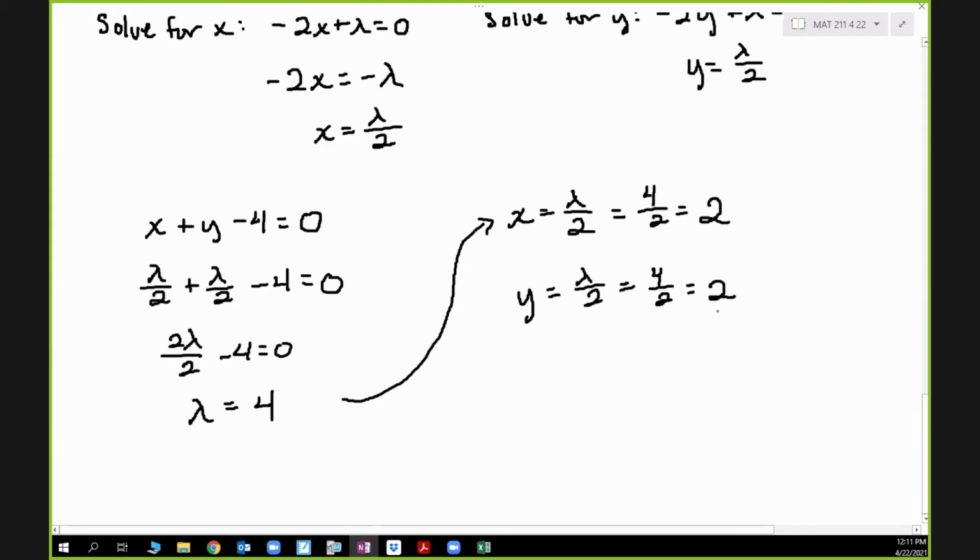And so y is also 2. So when we solve the system, we end up with x equals 2, y equals 2, and lambda equals 4. So we get a value for all three of our variables in our 3-variable function.